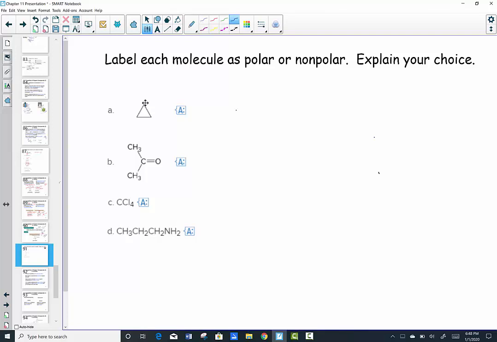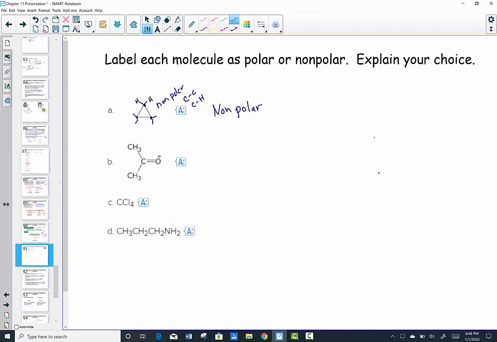For example, cyclopropane contains all nonpolar bonds. I see that all the bonds are either a carbon to carbon or a carbon to hydrogen, and so therefore there aren't any polar bonds, therefore the molecule must be nonpolar.